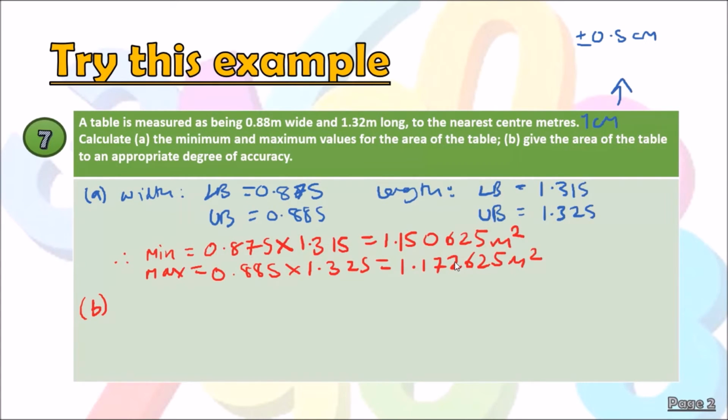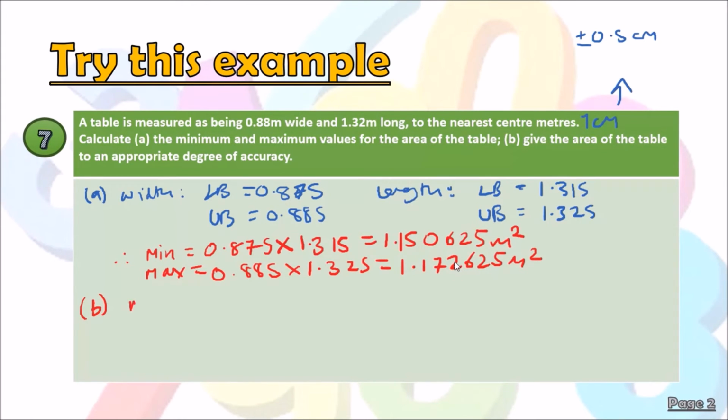B: give the area of the table to an appropriate degree of accuracy. We look at the two areas, and we notice we got 1.15 and 1.17. If I round these to one decimal place, we'll get the same answer, so the safe assumption is to round to 1 dp.